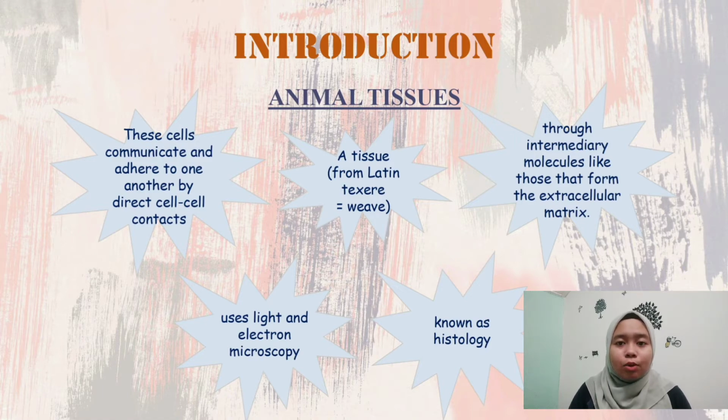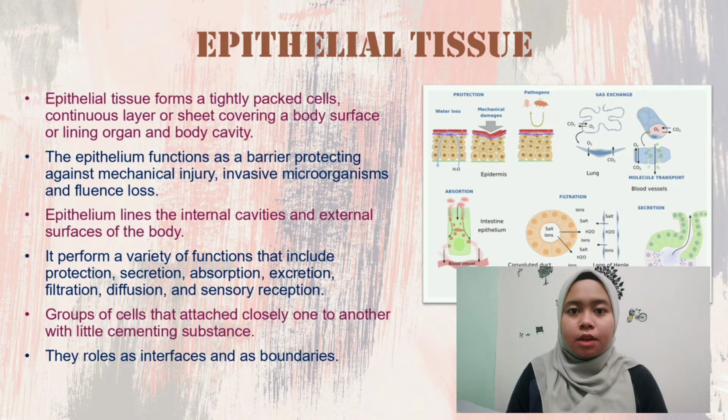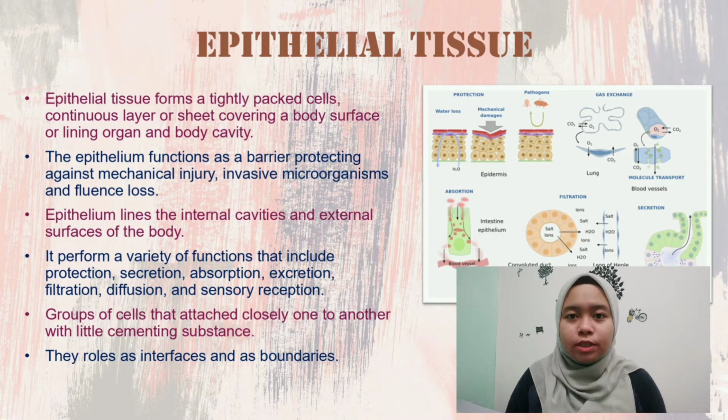These cells communicate and adhere to one another by direct cell-cell contacts and through intermediary molecules like those that form the extracellular matrix. Epithelial tissue forms a tightly packed, continuous layer or sheet of cells covering a body surface or lining organs and body cavities. The epithelium functions as a barrier protecting against mechanical injury, invasive microorganisms, and fluid loss.